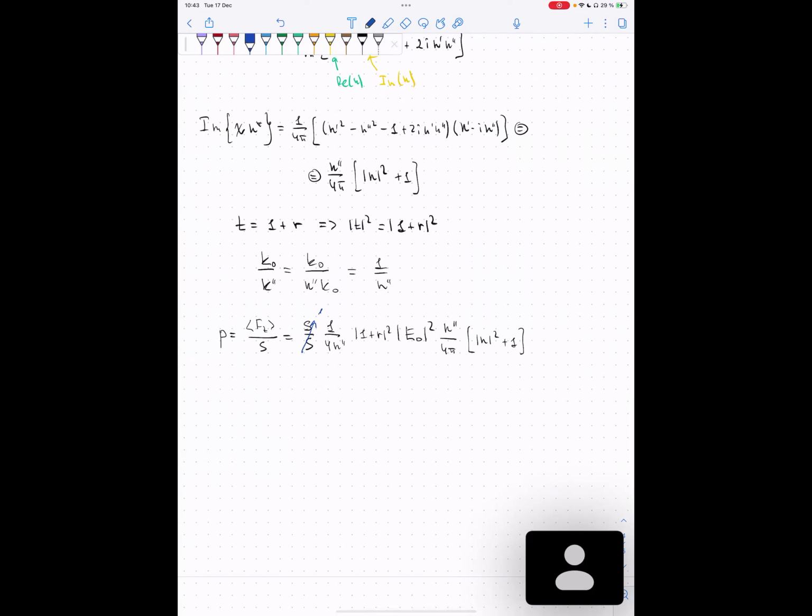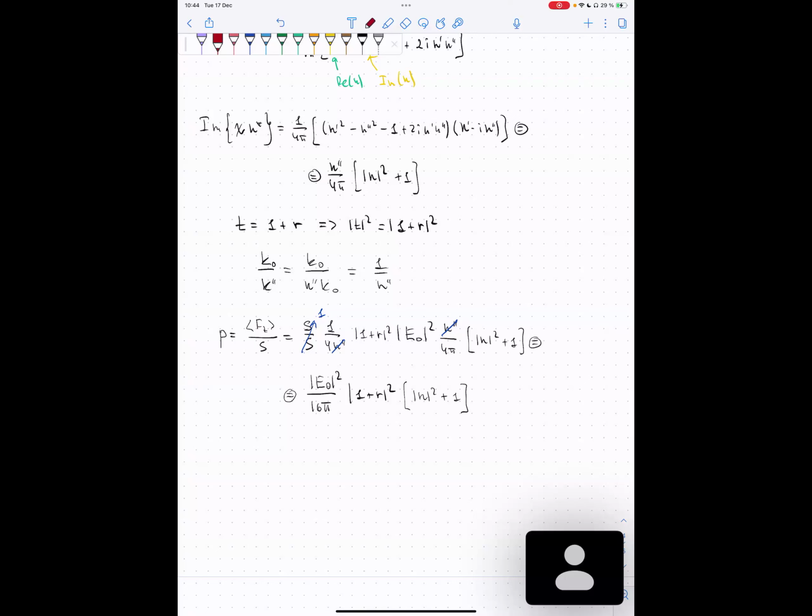So this guy gives us 1, this guy also cancels out, and in the end we have E0 squared divided by 16 pi multiplied by the modulus of 1 plus the reflection coefficient, everything squared, and multiplied by the modulus of n squared plus 1.